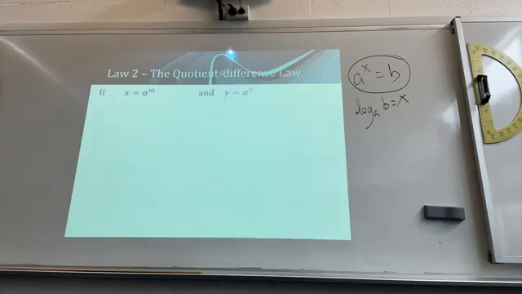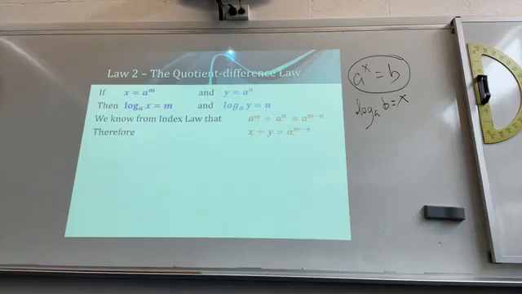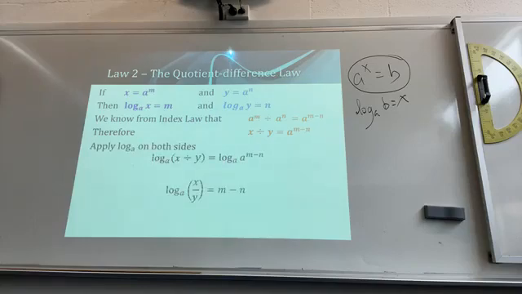The next one is the quotient rule. Same thing. We will take log base a of x, which is m, and log base a of y, which is n. Alright? So now we can link the index law. You know what this is getting at now? So x divided by y is a to the power of m minus n, since x is a to the power of m and y is a to the power of n. And applying log on both sides, therefore log base a of x over y equals m minus n.